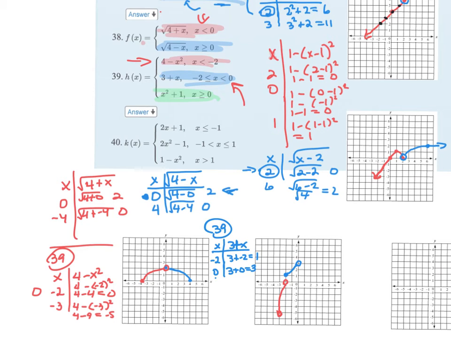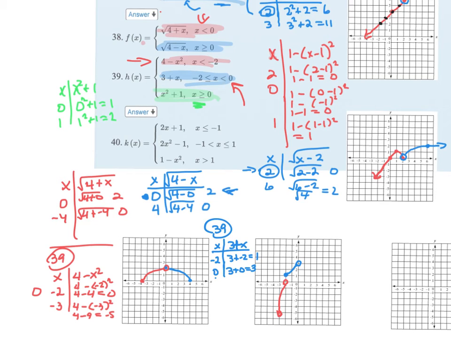And then the last part of this I'll do in green. I could come over here to the side. So x, and then I'm going to plug in x squared plus 1. And again, this time my restriction here is 0, and then numbers that are greater than 0. So I could plug in 1. So 0 squared plus 1 equals 1. 1 squared plus 1 is 2.